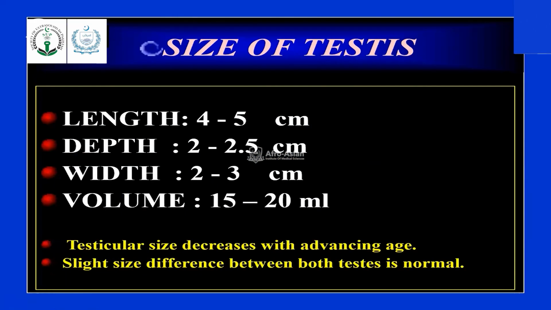The size of the testes: length is approximately 4 to 5 centimeters in average patients. In adults, the depth is 2 to 2.5 centimeters, width is 2 to 3 centimeters, and volume is 15 to 20 ml. Testicular size decreases with advancing age. A slight size difference between both testes is normal.